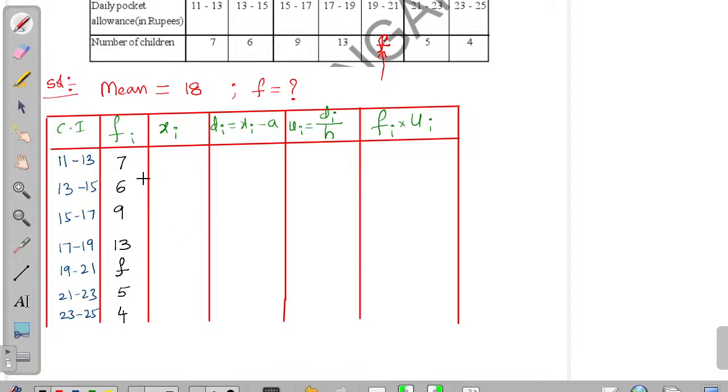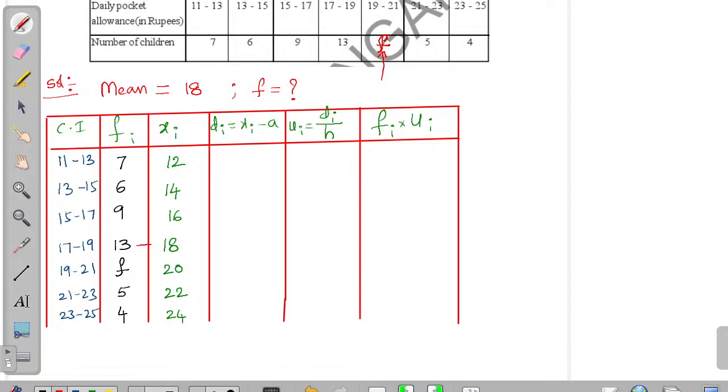After that, mid values. Because the difference is very low, the mid value of 11 and 13 is 12, 13 and 15 is 14, 16, 18, 20, 22, 24.